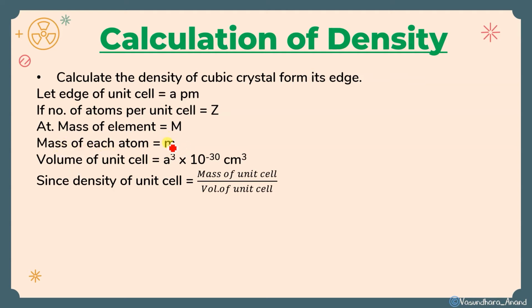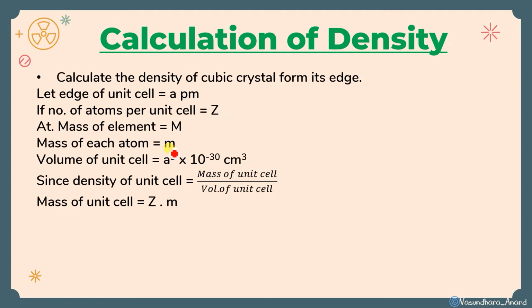In one unit cell there will be some number of atoms, and each atom's mass is m. So can I say the mass of the unit cell will be Z into m? The total number of atoms present multiplied by the mass of each atom gives the mass of the unit cell. So this is Z into m.